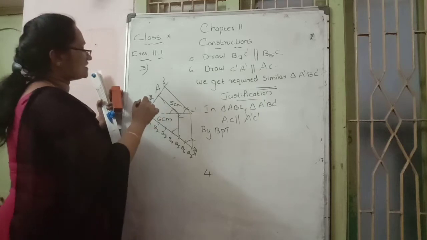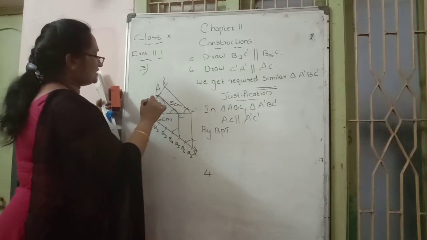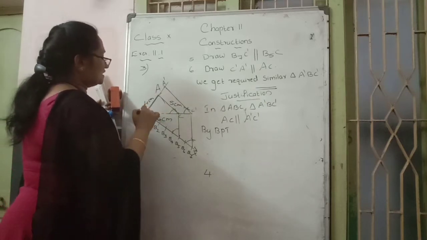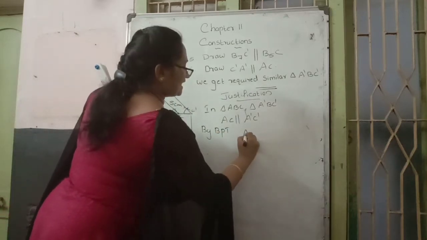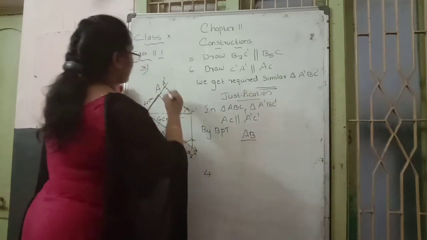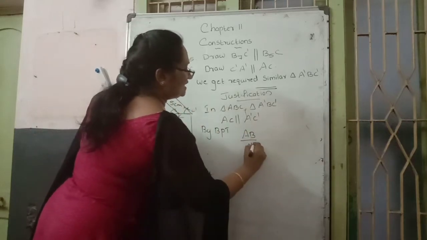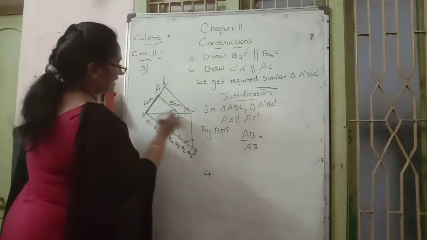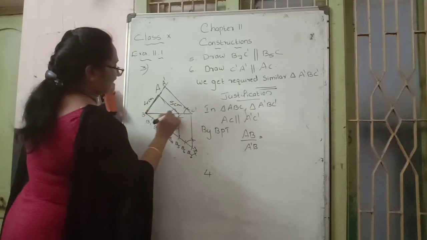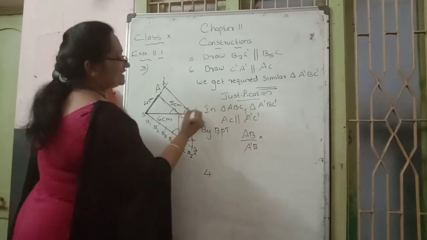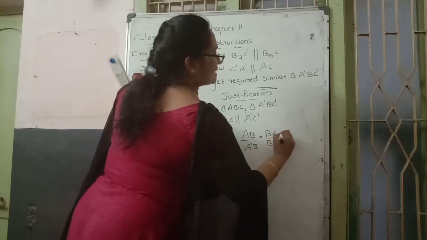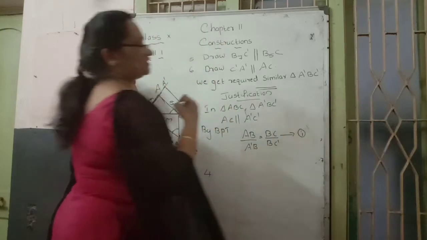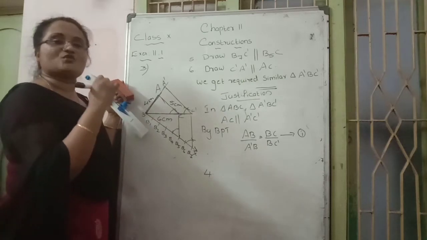Ratio wise, AB by A dash B is equal to BC by BC dash. Mark it as equation 1, because later we want it.